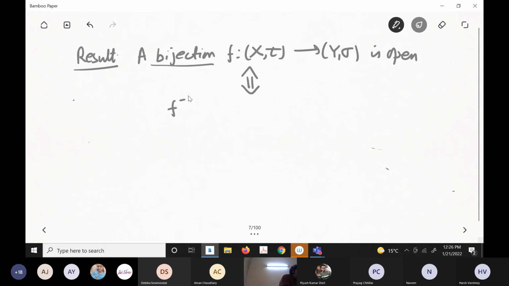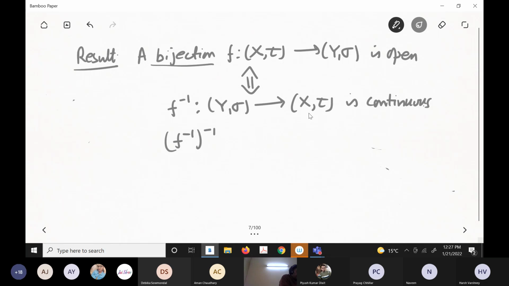So F inverse is a map from (Y, sigma) to (X, tau) and it is continuous. Look, this is easy because the inverse of F inverse, F, is going here.